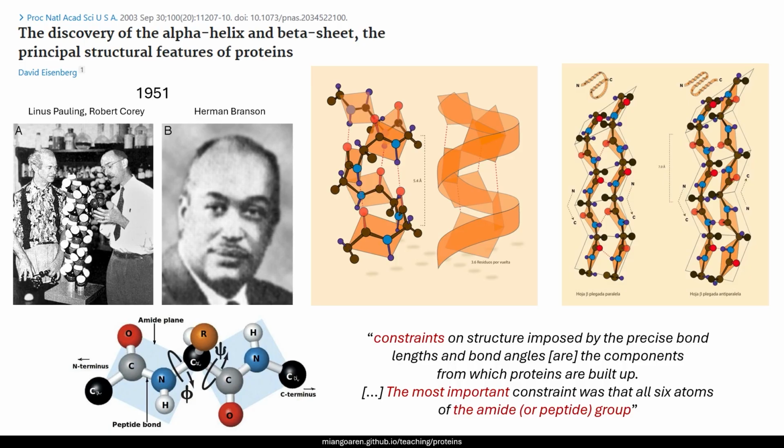And what they really suggest is that, obviously, there are many geometric and physicochemical limits present in proteins, but the most important factor that determines these three-dimensional configurations is the peptide bond. As you can see here, there are two residues, and the peptide bond forms a particular orientation in space, a plane that is known as the amide plane.